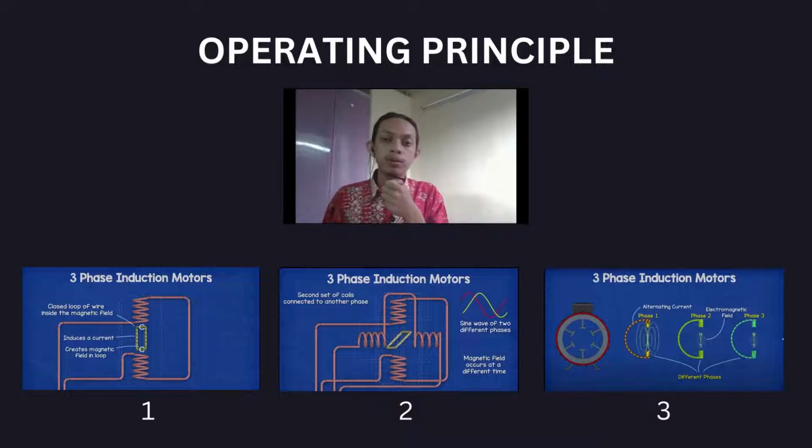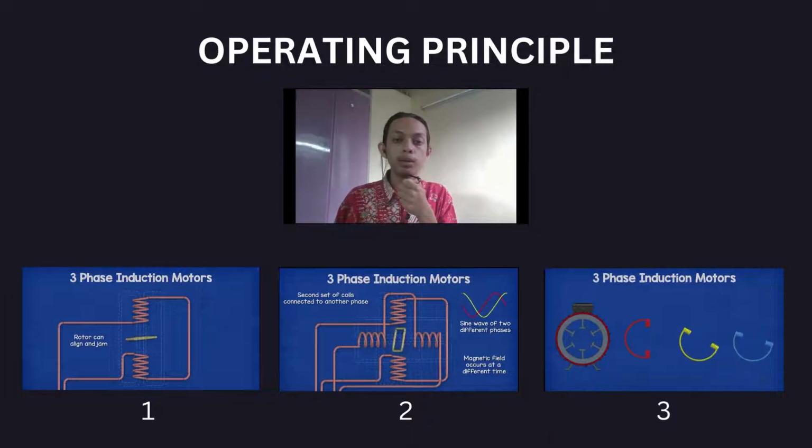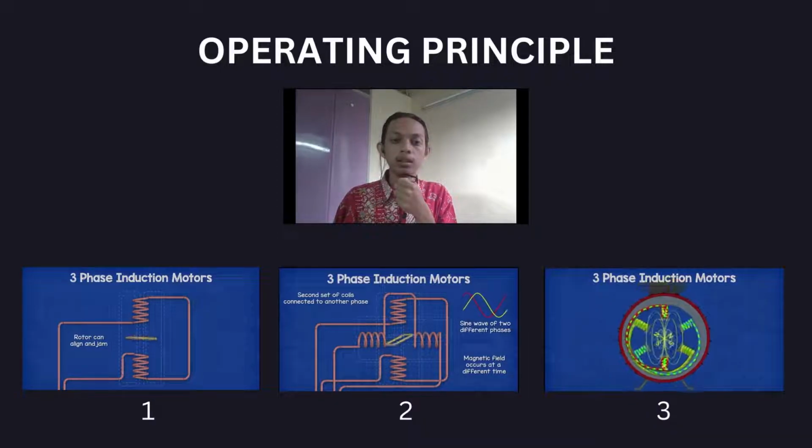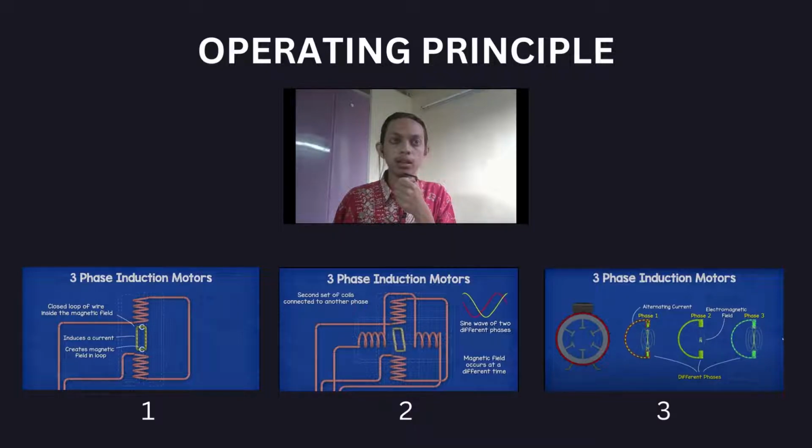The magnetic fields will interact with each other, and the closed loop wire in the middle will experience a force, whether pulling or pushing. So we can see that the closed loop wire will be rotating, and we can call the closed loop wire a rotor, and the coil a stator.